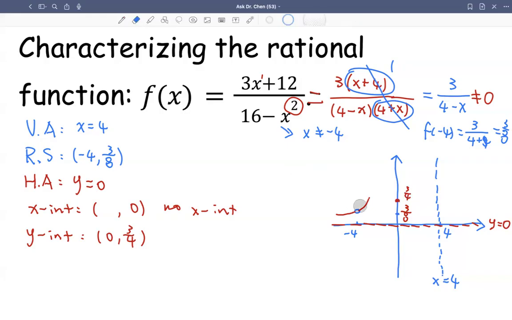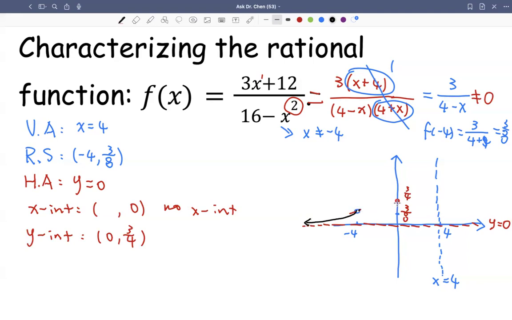So our graph looks like this. Because y equals 0, the x-axis, is a horizontal asymptote, our graph, let's use black color, gets closer and closer to the x-axis, but will never touch it. Then this is an open circle, the removable singularity.